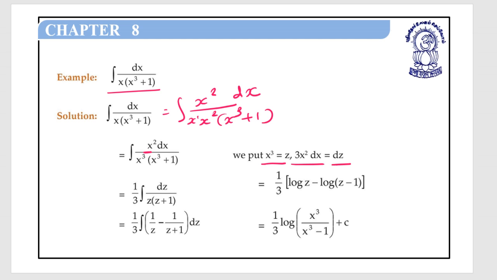So the x cube is equal to z. So 1 by 3 common, dz upon, instead of x cube write z, x cube plus 1, it means z plus 1. So you can take 1 upon z minus 1 upon z plus 1.